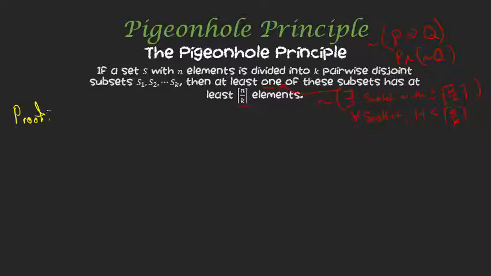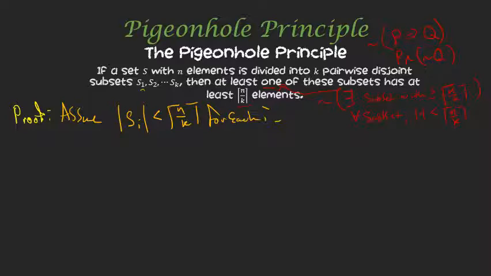So we'll assume that each of the sets has cardinality less than ceiling of n over k. So assume the cardinality of S sub i is less than n over k for each i. That has to be true for all of them. And then I'd like to say that's less than or equal to the next integer down.